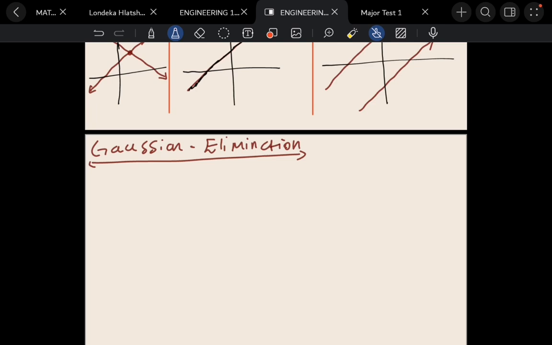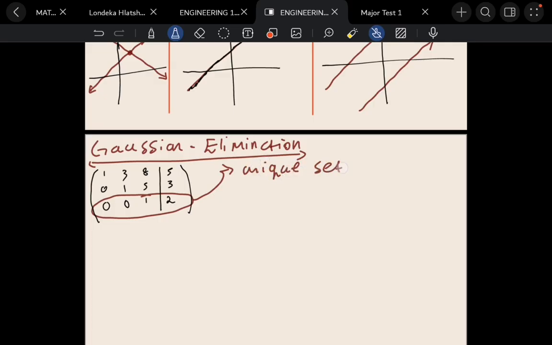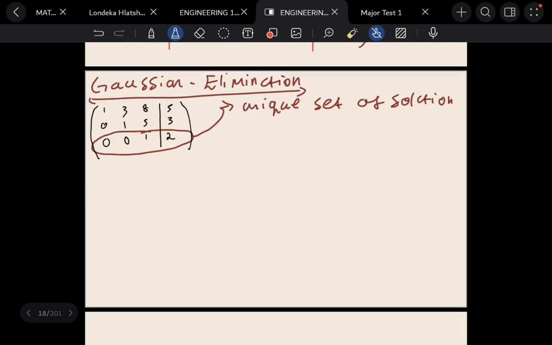Now, if you look at the Gaussian elimination, and you have this case: 1 0 0 3 | 4, 3 1 0 8 | 5, 1 5 3 | 2. If you have this case where the last row is in that order, we say we have a unique set of solutions.